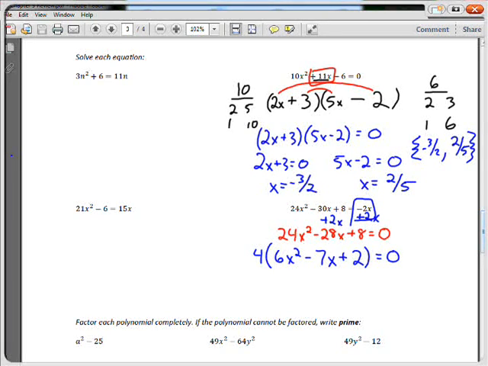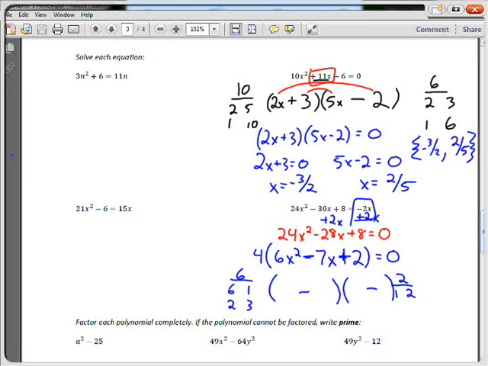So my factors of 6 are 6 and 1, and 2 and 3. My factors of 2 are 1 and 2. And so since I've got a plus here, plus right here, and a minus right here, that tells me then that I'm going to have a minus and a minus.